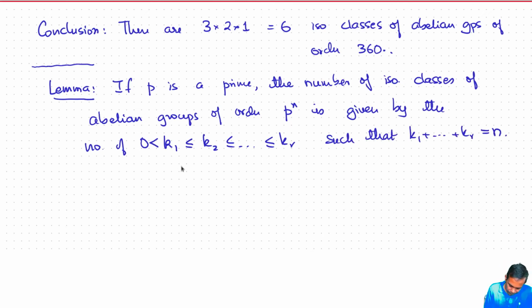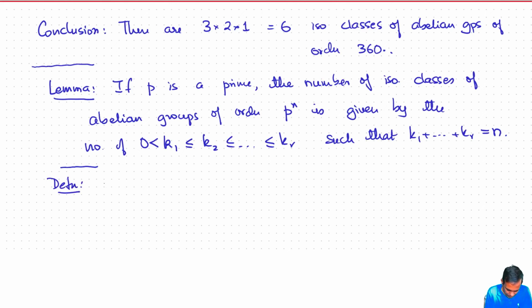This lemma just follows directly from the structure theorem for finite abelian groups applied to p-groups, because such a group is going to be of the form Z mod p to the k1 cross Z mod p to the k2 and so on, and this condition here ensures that the order of the group is p to the power n.